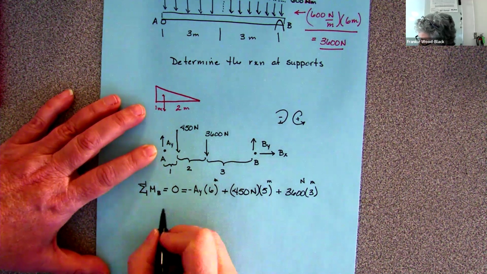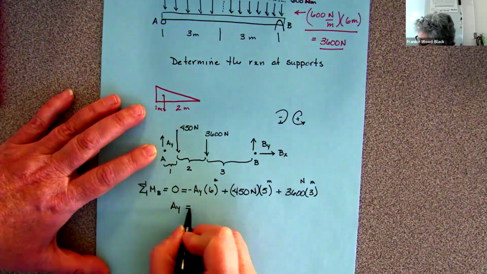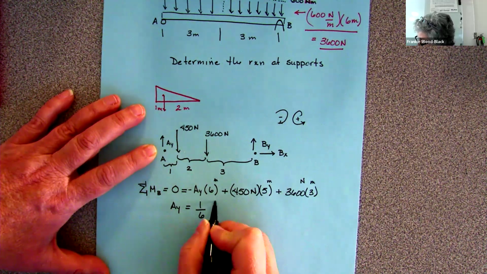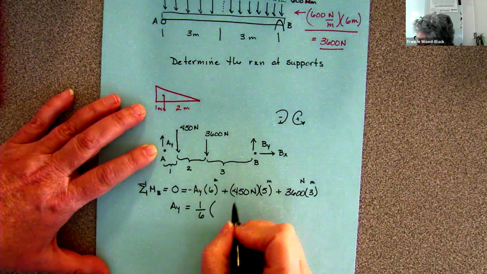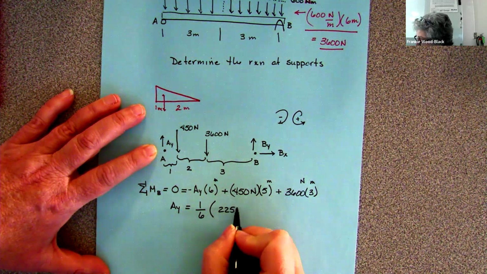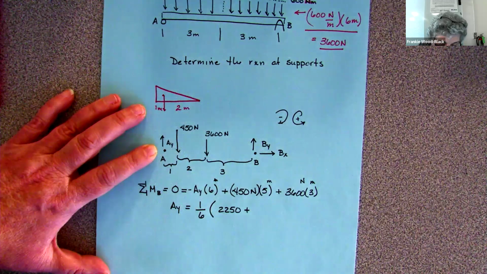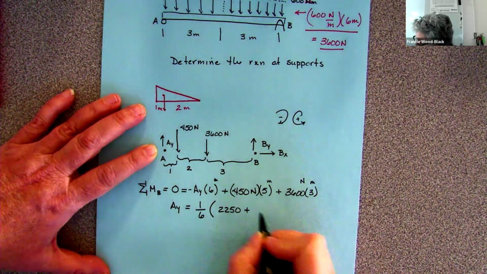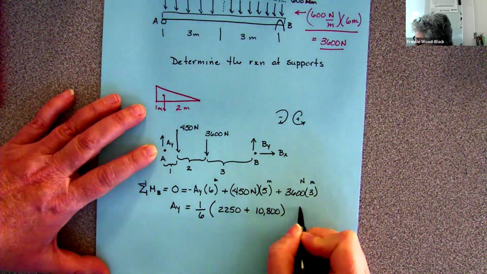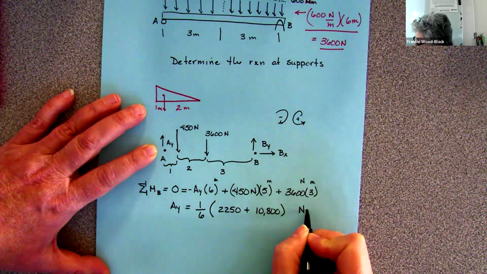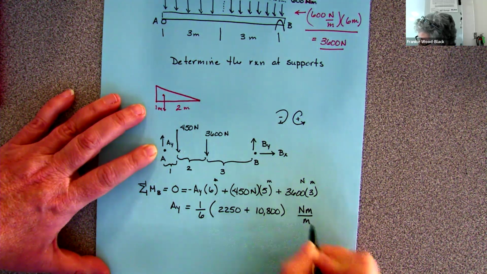So I can solve for AY. AY is going to be 1/6 of 450 times 5 plus 3600 times 3, which is 10,800, and that's in Newton meters divided by meters.